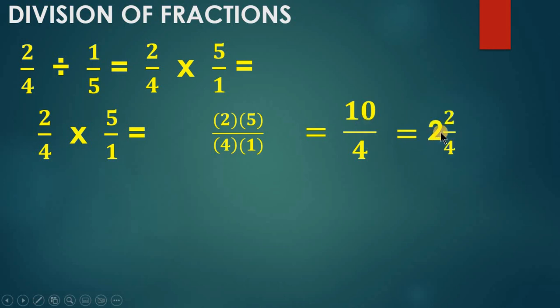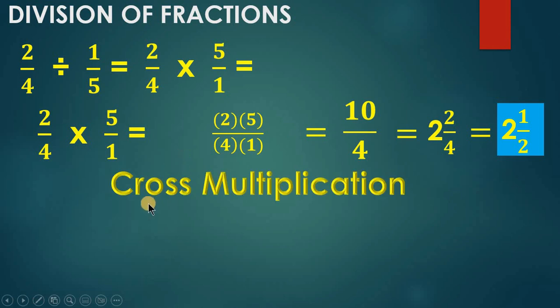So, therefore, that's 2 and 2 fourths. Itong 2 and 2 fourths, pwede pa yung isimplify, di ba? So, what's the greatest common factor? 2. So, therefore, 2 divided by 2 is 1. 4 divided by 2 is 2. So, therefore, the final answer is 2 and 1/2. So, that is on how to simplify or divide fraction. Okay.